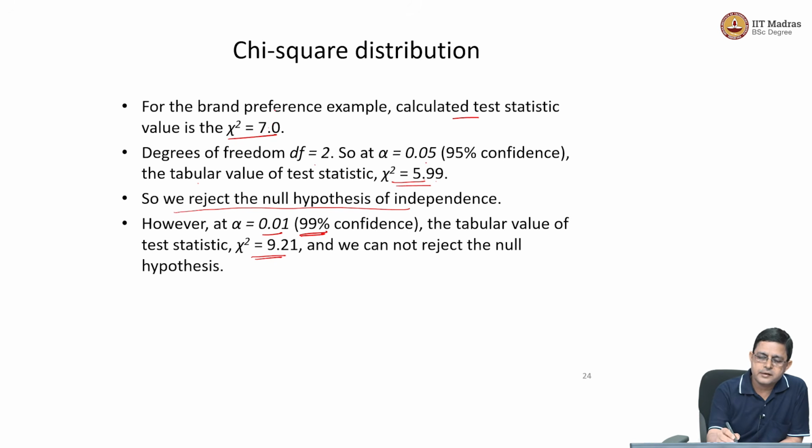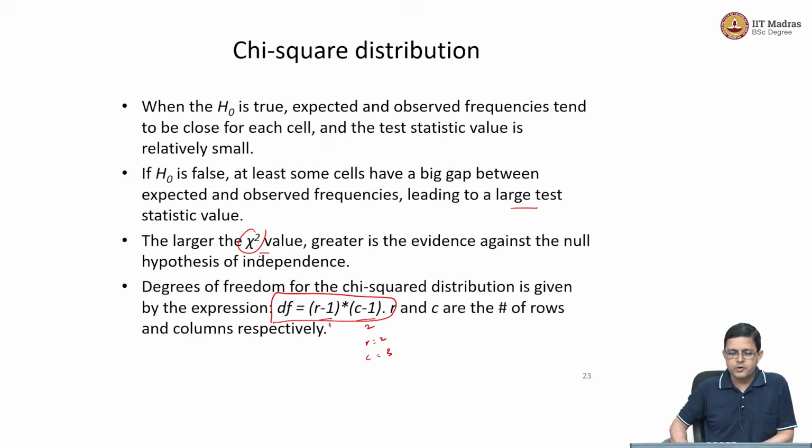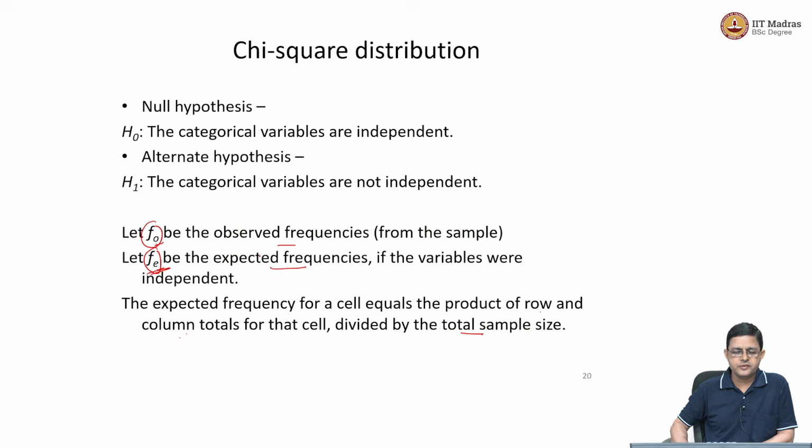Since the calculated test statistic is smaller than the tabular value, I end up not rejecting the null hypothesis. What do I mean by not rejecting the null hypothesis? I cannot reject the null hypothesis and I will conclude that brand preference doesn't depend on cities.